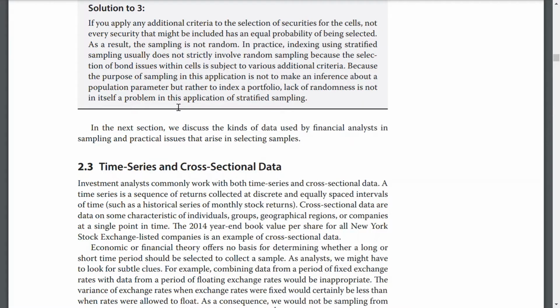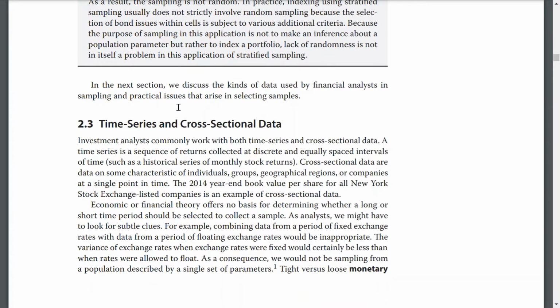Because the purpose of sampling in this approach is not to make an inference about a population parameter, but rather to index a portfolio, lack of randomness is not in itself a problem in this application of stratified sampling. In this next section, we will discuss the kinds of data used by financial analysts in sampling and the practical issues that arise in selecting samples.